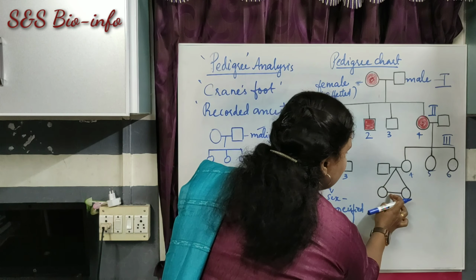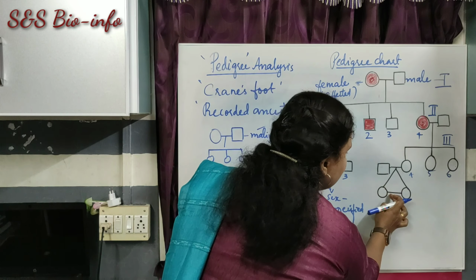So look at the second generation. How many are unaffected? Out of these 4, the first one and third one, total 2 out of 4, are unaffected. So it is represented as 2 unaffected members in the family.